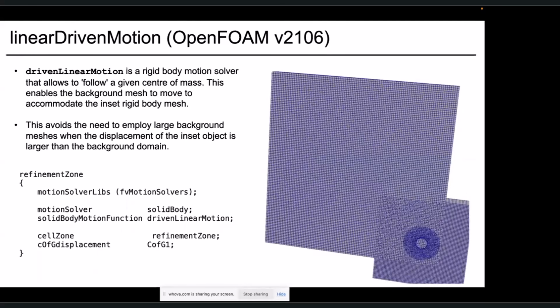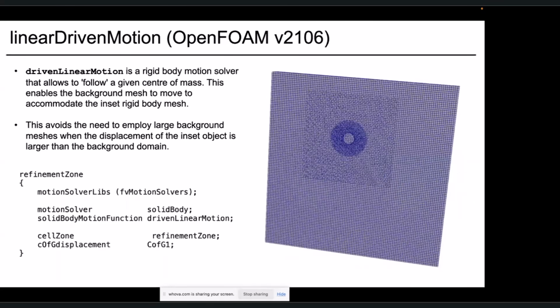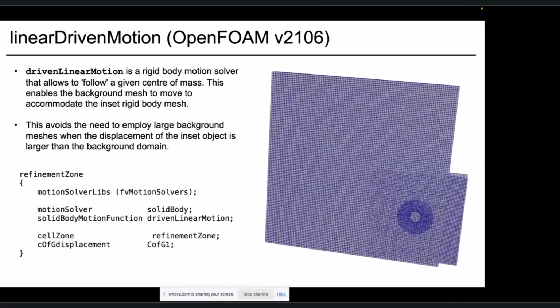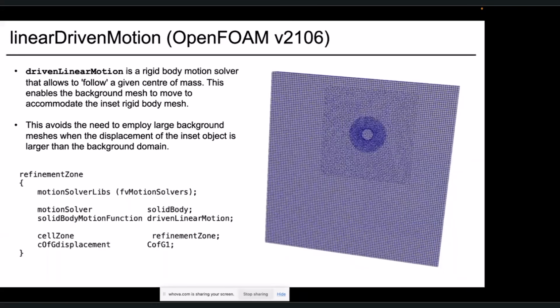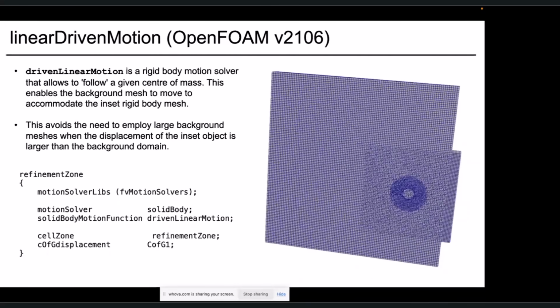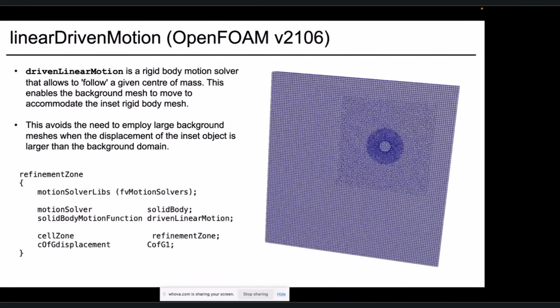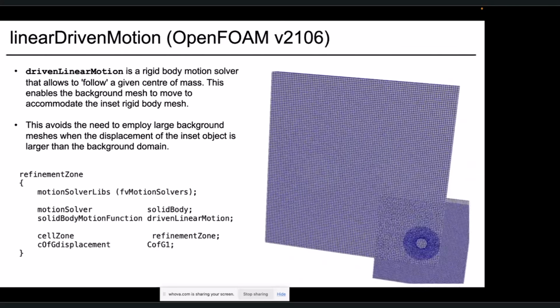So to capture the motion for a long time, we need a very, very big domain with a very big background mesh. However, if we want to maintain the same level of refinement along the whole domain, it becomes unfeasible to simulate. In that case, we can use the driven linear motion capability to stick a refinement region to the center of mass of the body that you want to track, and it follows the translational motion of the body.